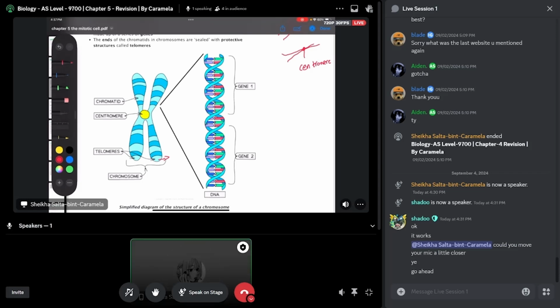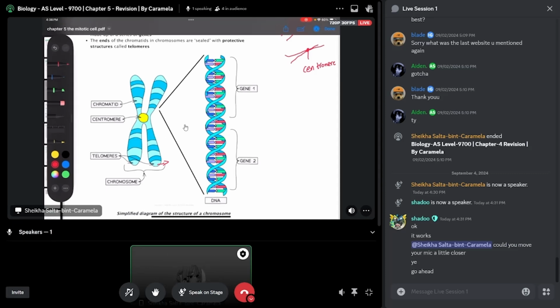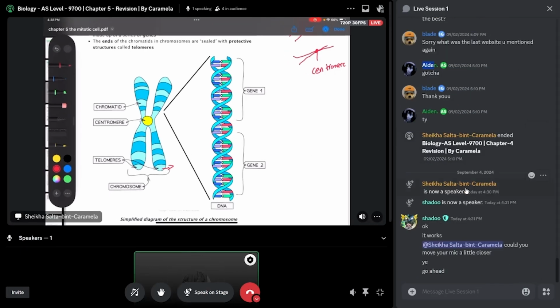These regions are called telomeres, and telomeres do not code for any DNA. It's just extra protection for the chromatid, so that when DNA replication happens, no useful gene is lost. The telomeres protect the DNA from that.